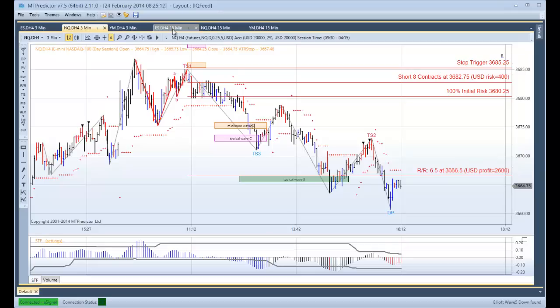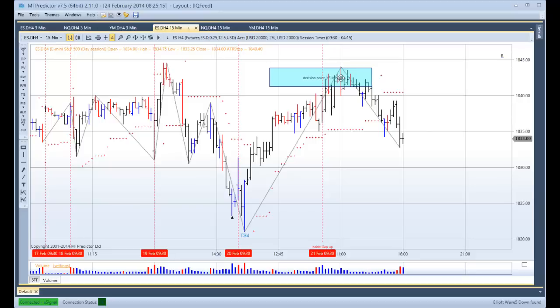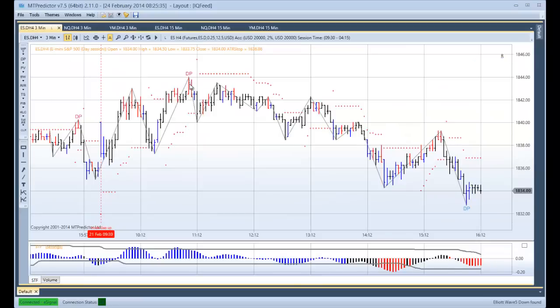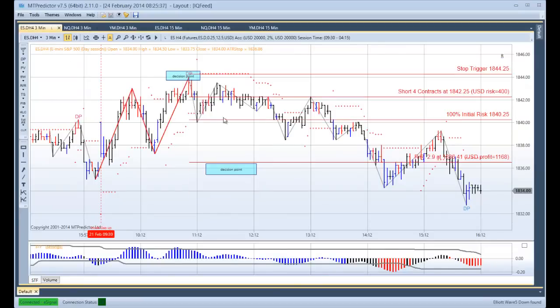Again, it was all set up because of the 15-minute analysis, and us knowing that these resistance areas were on the chart in advance, so it was preparing us, getting us ready for a potential high setup. So even if you'd missed this TS1 sell here on the NQ, you should have actually caught this DP sell here on the 3-minute ES, which again, from a day trader's standpoint, would have been a very nice trade, because looking to sell the high of the day is always a good position to be in as a day trader.